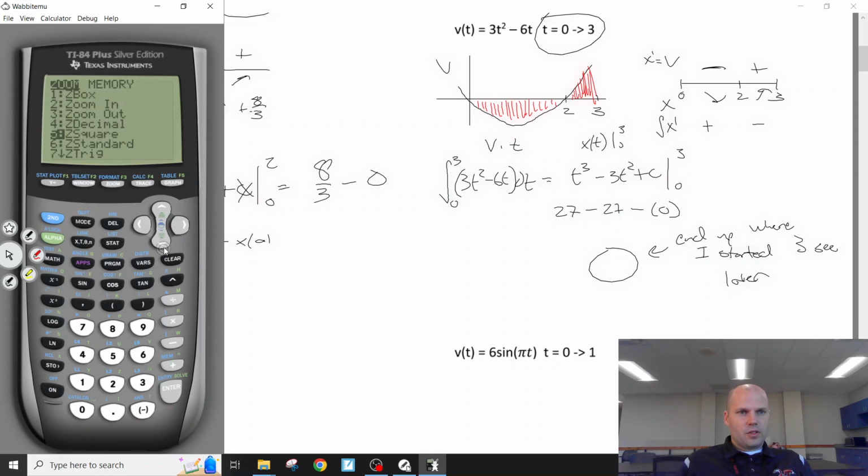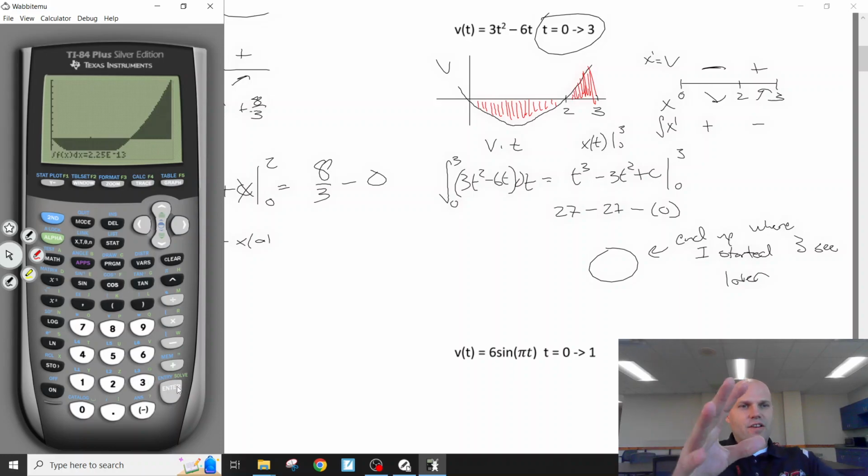Zoom fit is a beautiful thing. Yo, that's great. Second calc, 7, 0, 2, 3. 0. Oh my gosh, it doesn't say 0. It says 2.25 e negative 13.